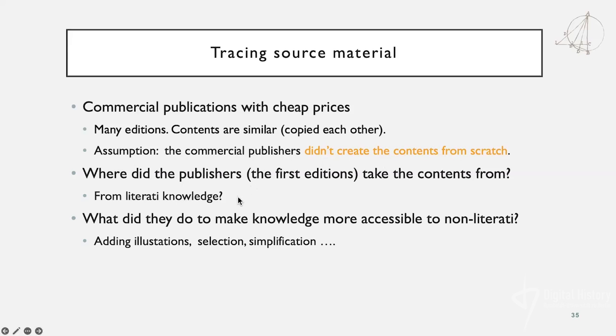So the question behind this is how much of it is from common or traditional literary knowledge. There has been a lot of material about heaven, for example. Where did they really take these contents from, and what did they add? What did they reduce? So that we can better understand their strategy, and also the nature of these common readers.